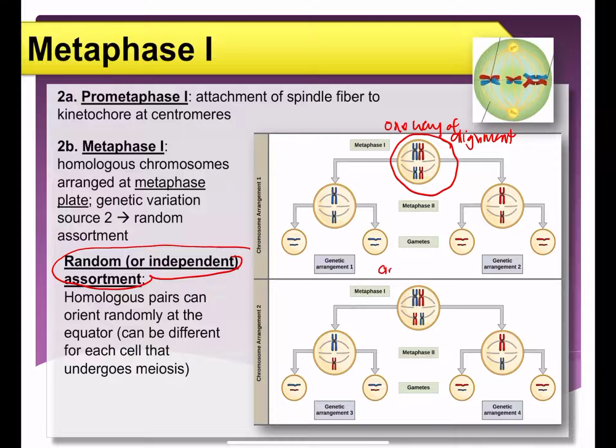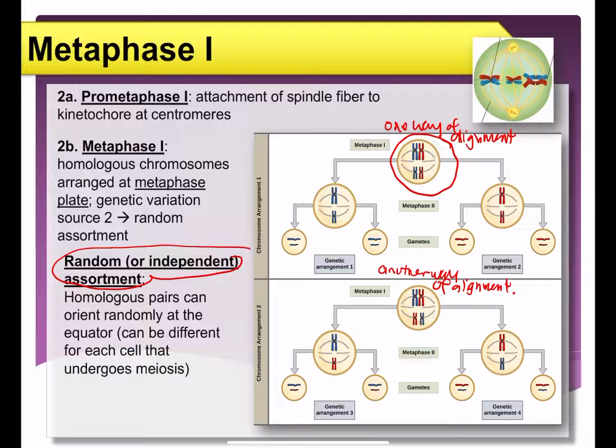So this is another way of alignment. So one way of alignment is where you have blue chromosomes on one side of the cell and red chromosomes on the other side of the cell. But their positions can be swapped diagonally, where you have blue and red chromosome on one side of the cell and red and blue chromosome on the other side of the cell.